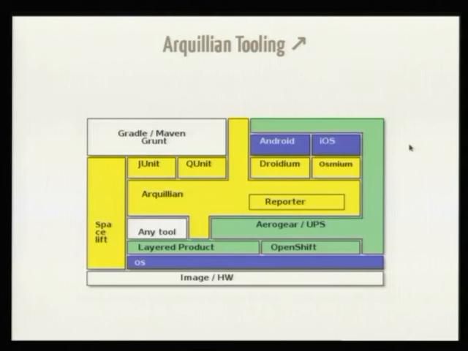We have a unified push server or other AeroGear components, which are related to mobile development, and we are running these components either on a local machine on top of different products such as EAP or in OpenShift as a cartridge. And we use Gradle, Maven, and Grunt to bind all this stuff together.